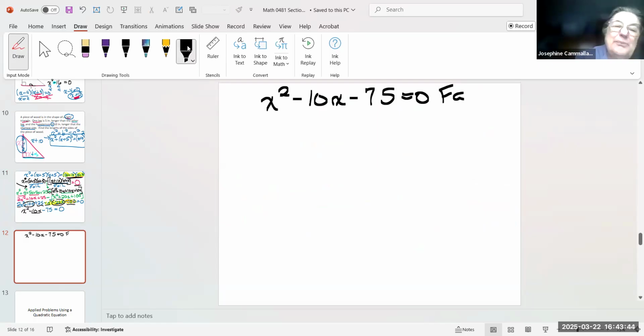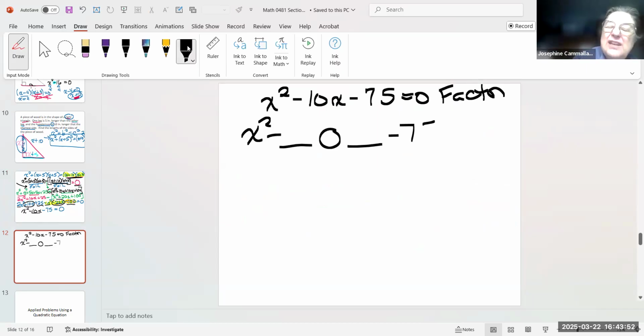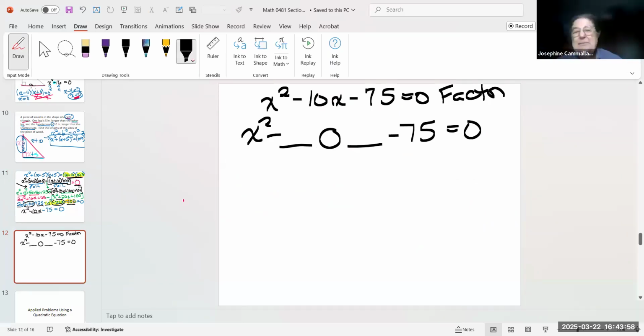I now have to factor. X squared minus blank, circle blank, minus 75 is equal to 0. This is going to give me a plus.